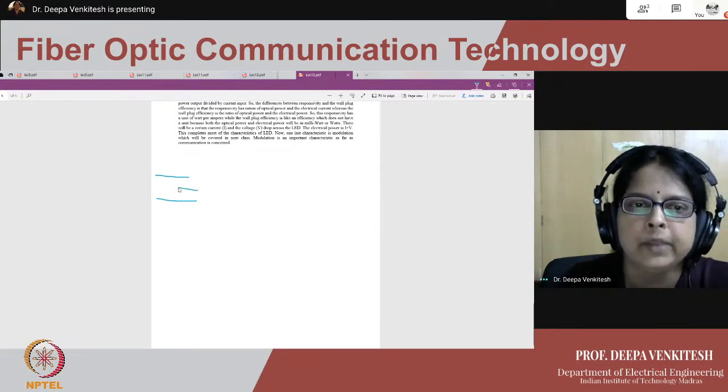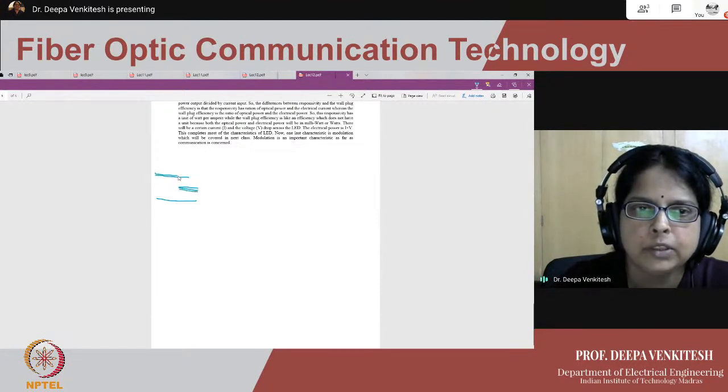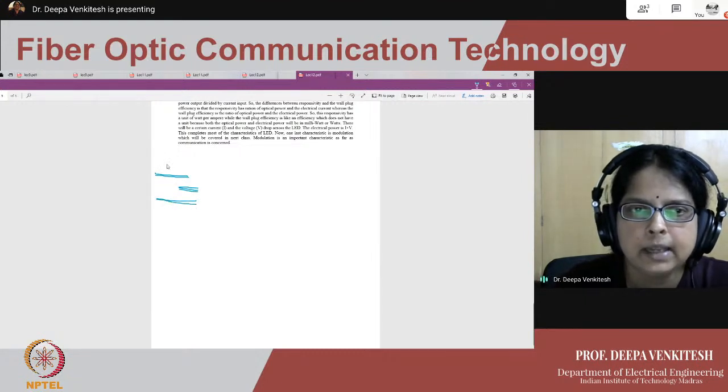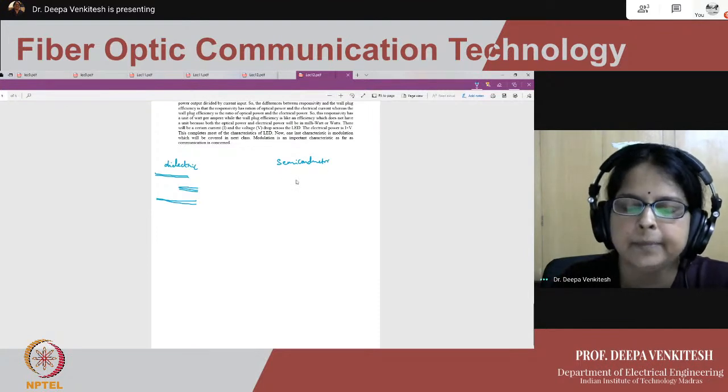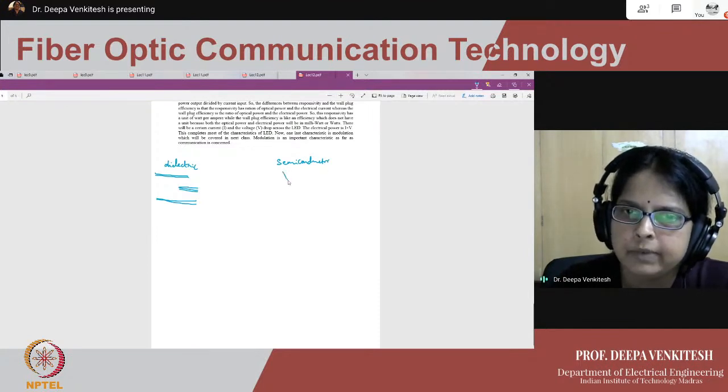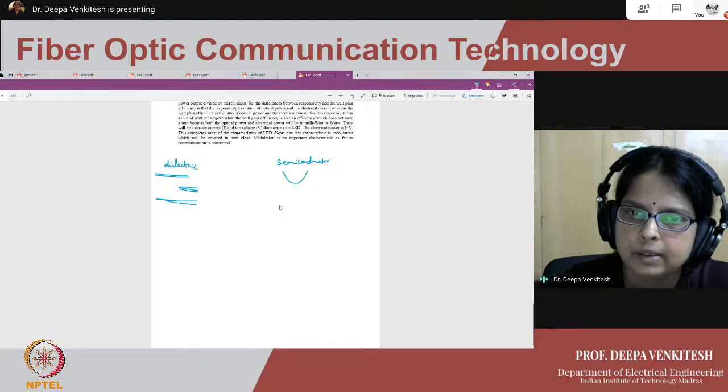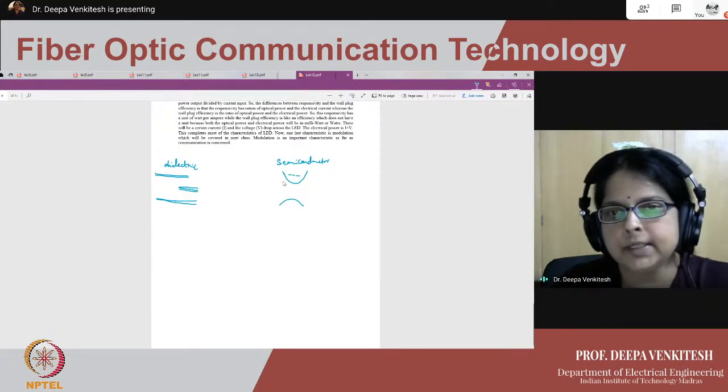These are discrete states, or closely spaced states near the allowed states. Now, this is happening in a dielectric, whereas in a semiconductor we know that you cannot have distinct energy levels. What we will have is a continuum of energy levels, and then you talk about density of states.